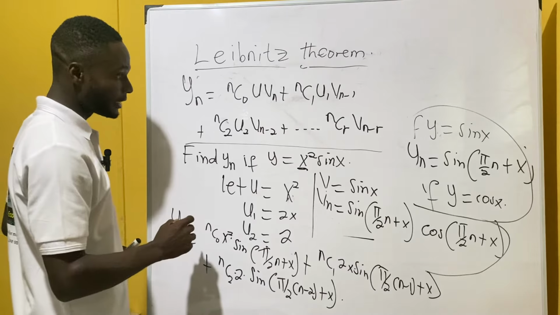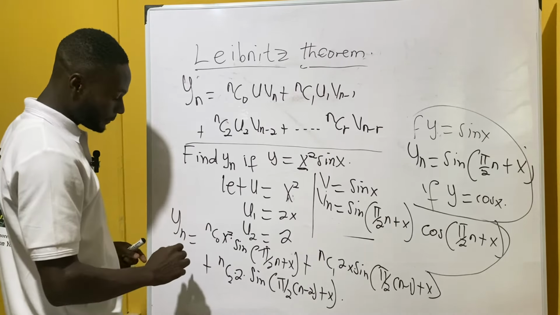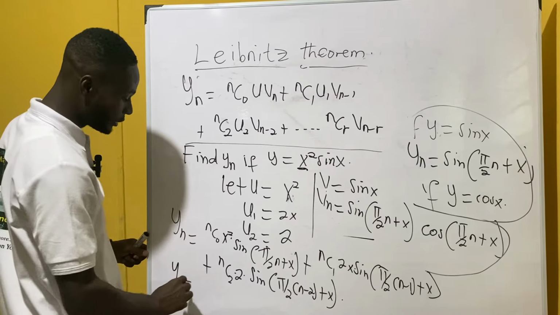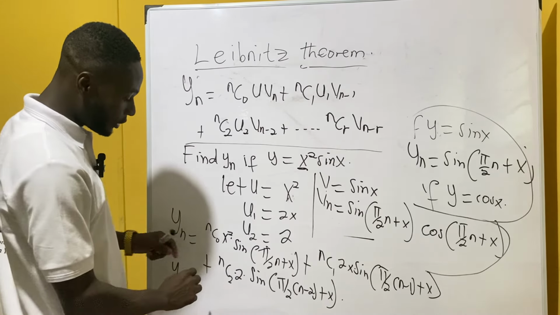So right here, y_n is equal to n combination 0, which is 1.